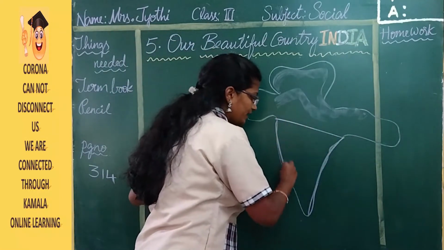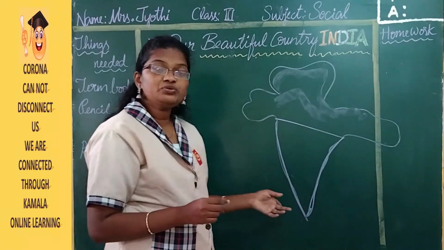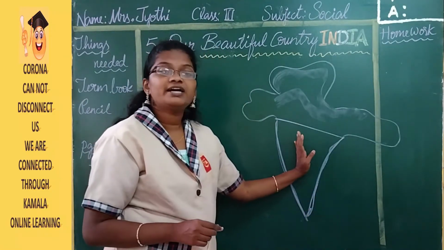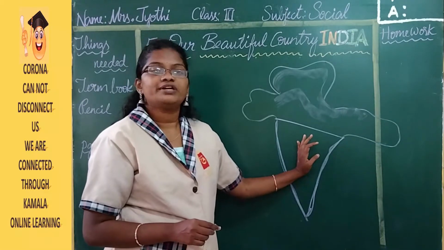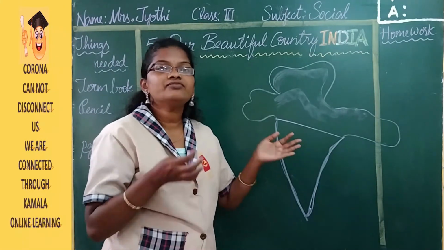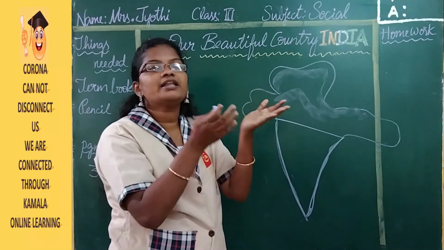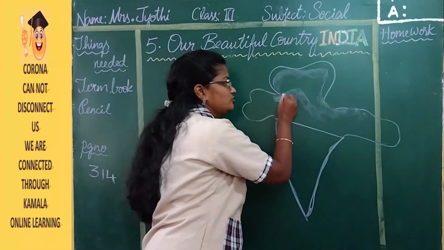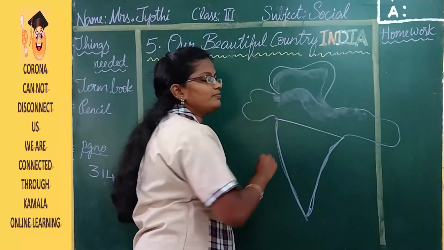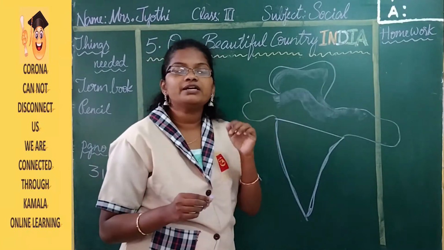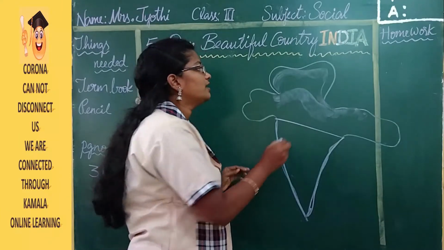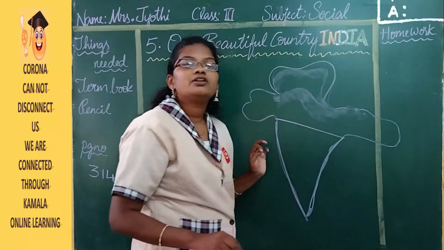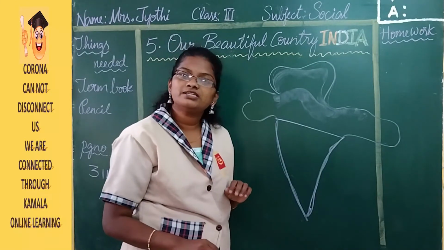This particular part is the plateau, and we also call it the Deccan Plateau. The southern part is the plateau. So what is a plateau? It is a flat land which is a little higher than the remaining land. And you can see plains over here. Plains are also flat land. And towards here, the coastal areas, you can see the northern mountains.